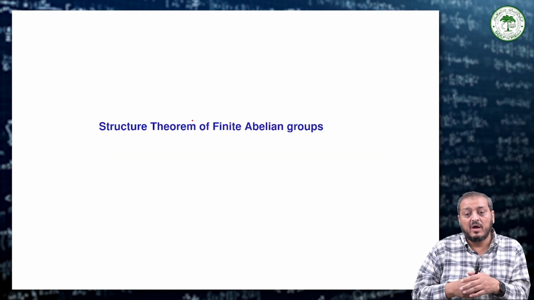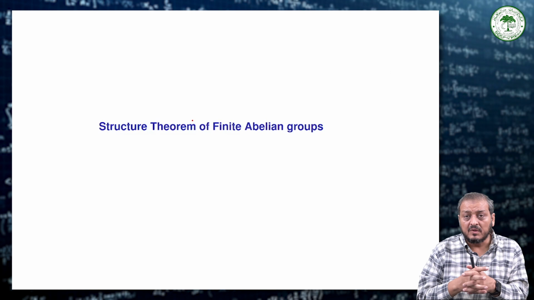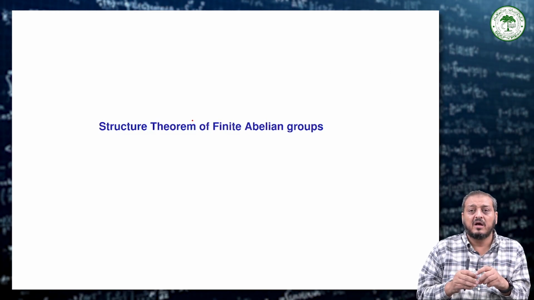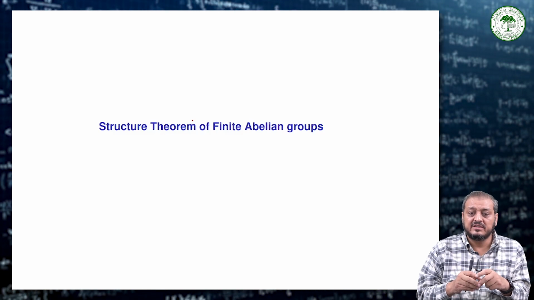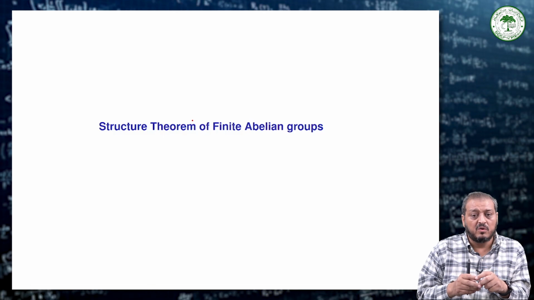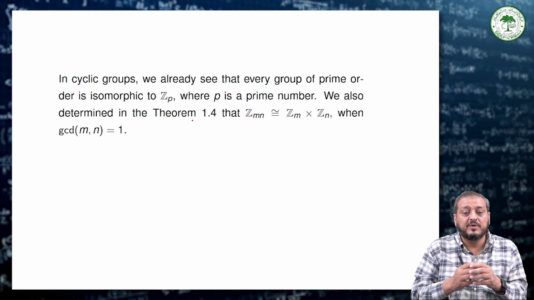Now we move to the last topic of this series of lectures, and that topic is the structure theorem of finite abelian groups. So what does a structure theorem mean?